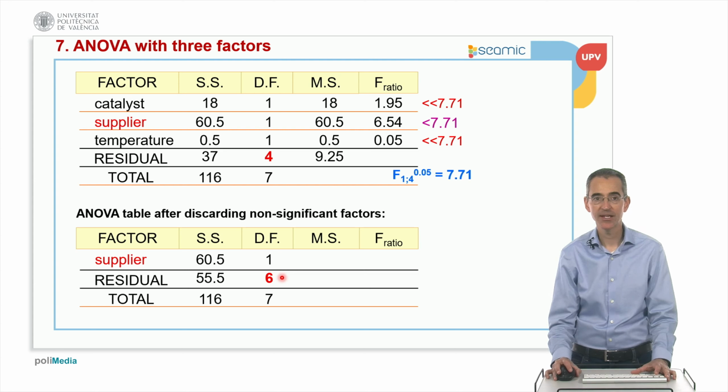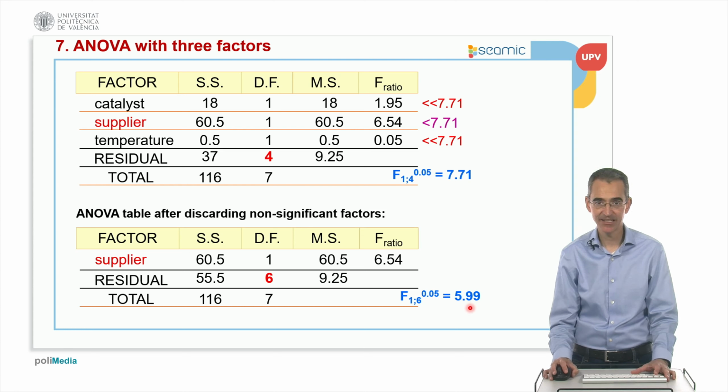I mean, the higher the number of residual degrees of freedom, the more powerful is the test to find statistically significant differences. So now, again, we divide the sum of squares by the degrees of freedom, we get the mean squares, and then by dividing these mean squares by the residual mean squares, we get the F ratio. So now, in this case, we have to go to the Fisher's table with 1 degree of freedom in the numerator and 6 in the denominator, and then the critical value is 5.99.